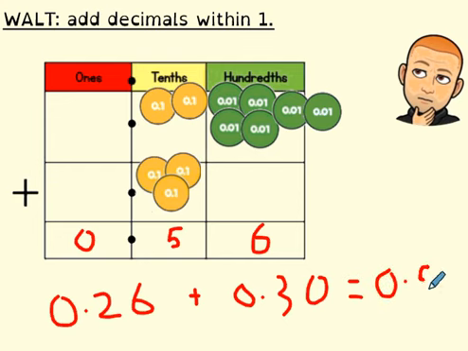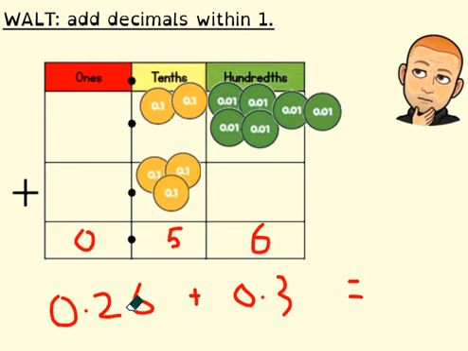Again, quite straightforward. The only thing you've got to be super careful of here, year 5, and it's a mistake that sometimes people can make, is when you get a question such as 0.26 add 0.3, that you are not mixing up your place value understanding in your head. So the 3 has the same value as the number in the tenths column here, which is 2.